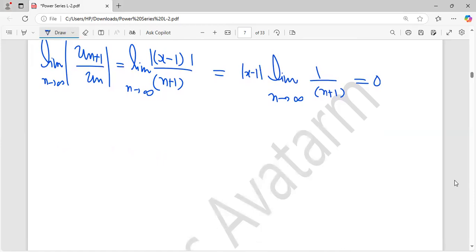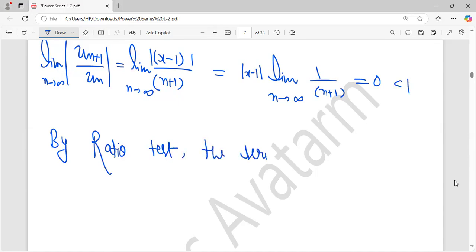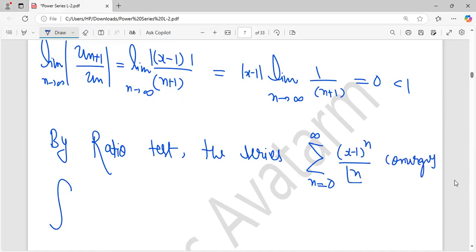It means by the ratio test, yes, this is the ratio test, the series summation n goes from 0 to infinity of (x minus 1) to the power n upon factorial n converges for all x belonging to R.